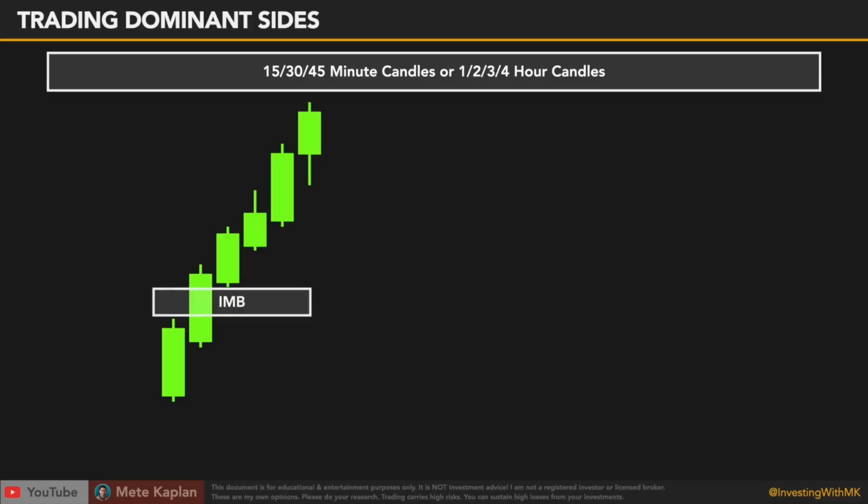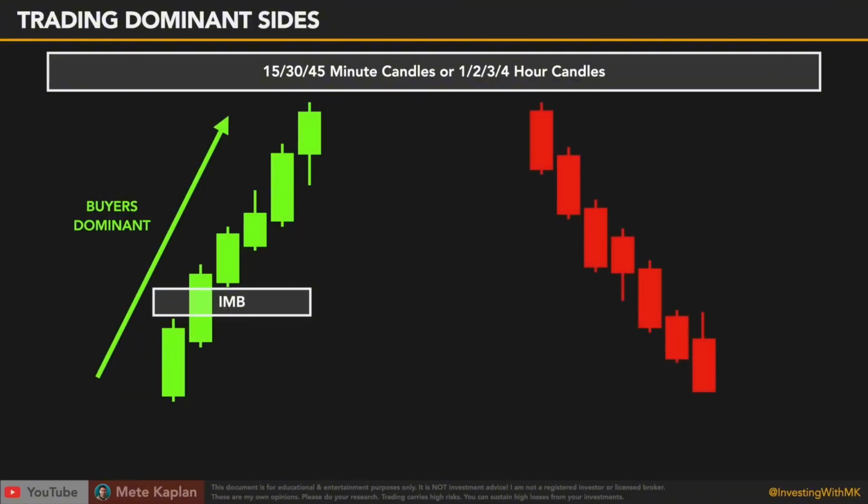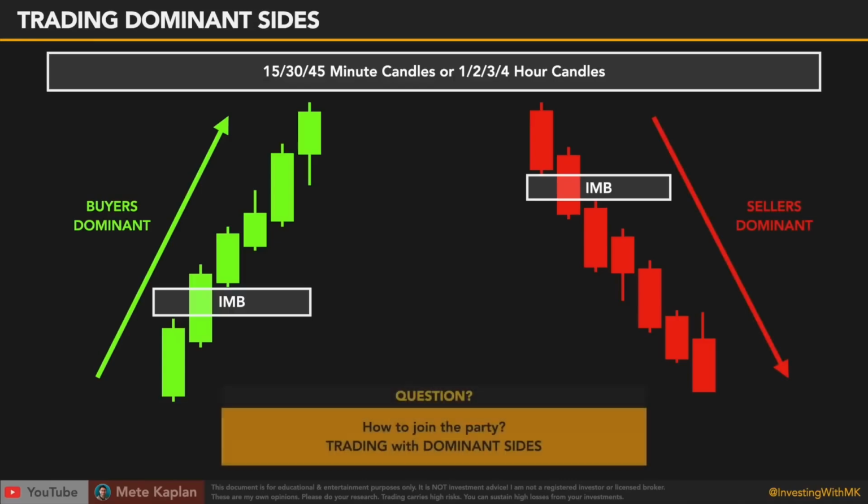These moves generally start with a nice momentum imbalance. This is buyer dominance. Or constant red candles ignited with an imbalance. This is seller dominance.